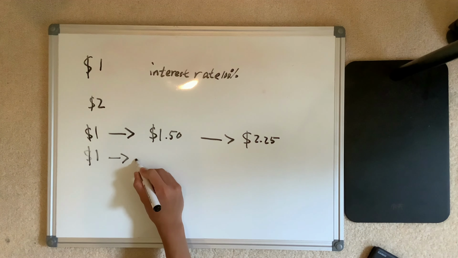So let's rub everything out. Okay, if we divide the interest n times, we will get the value of 1 plus 1/n to the power of n. So what if n goes towards infinity? So mathematically, this is known as the limit of n approaching infinity of 1 plus 1/n to the power of n.